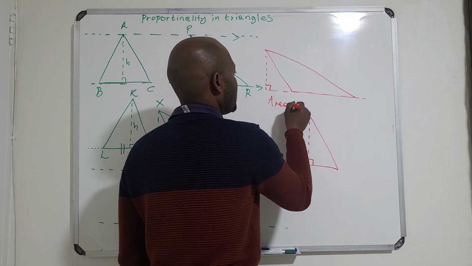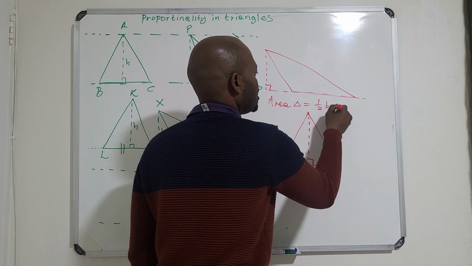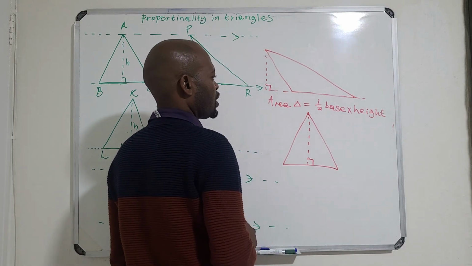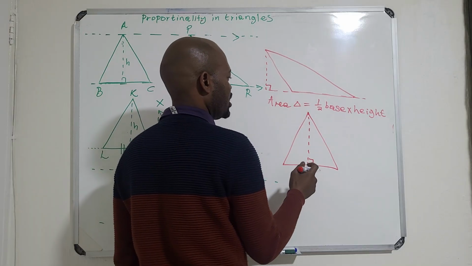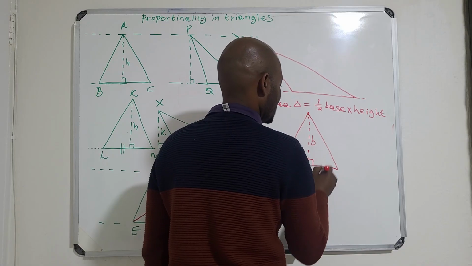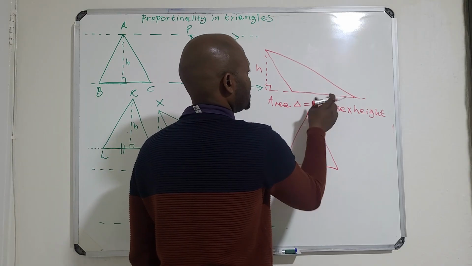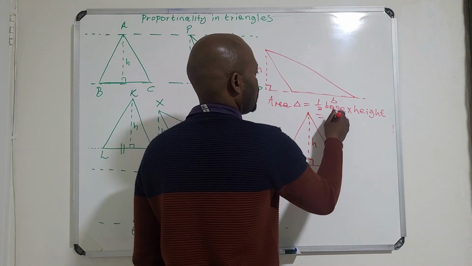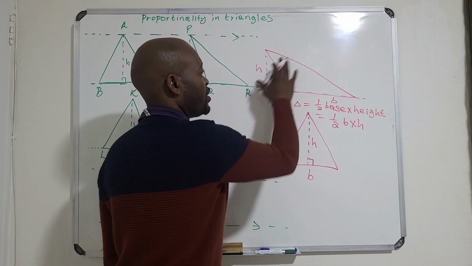Area of triangle is equal to half base times height. If I have the base and the height, I can find the area of any triangle. Height there, base there, I can find the area, which is half base times height of this triangle.